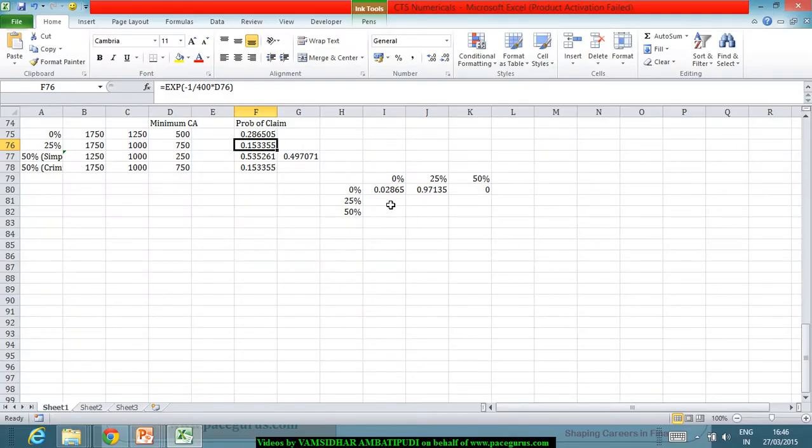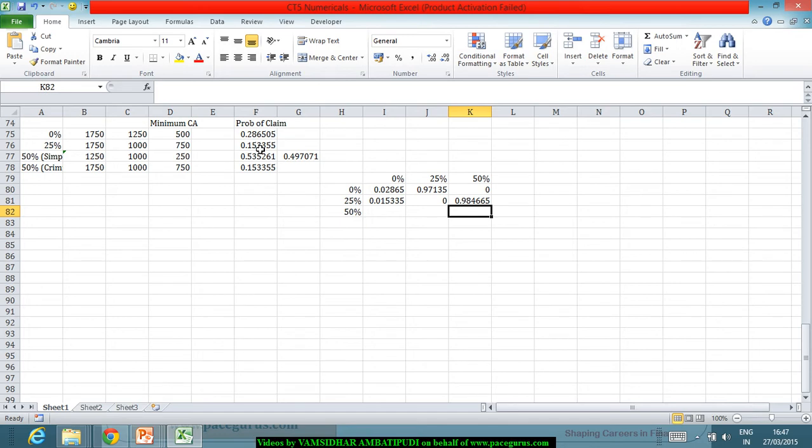Rest all will not get reported at all. So this probability will become 0.1 times 0.15, and there is no way that a person can be in 25% level from a 25% level, and the remaining is the probability that he will move to a 50% level. So these are the numbers.